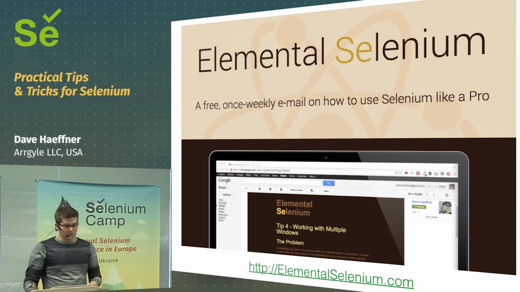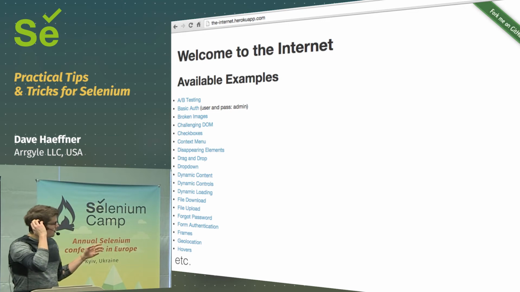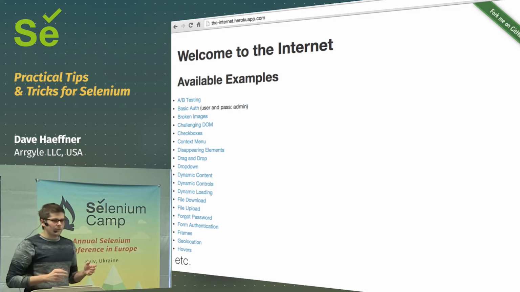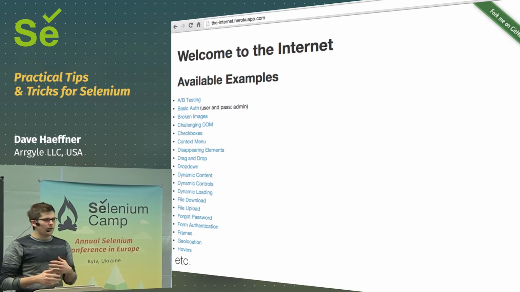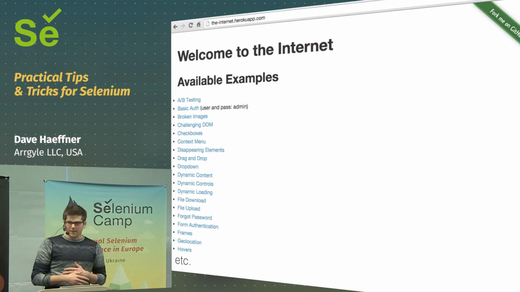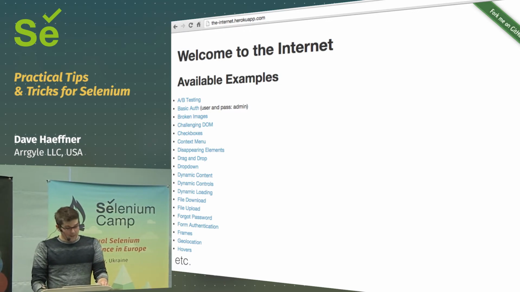Typically, I write my examples against an open source web app that I have called the Internet. Right now it's up to about 35 different examples of things that are common on the web. Things like login, forgot password, tables, et cetera. Anything you can think of.